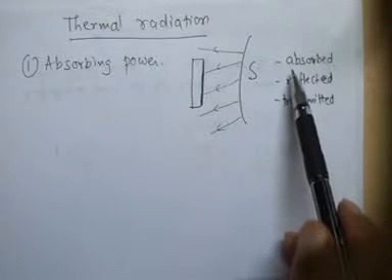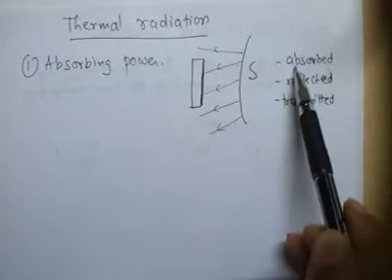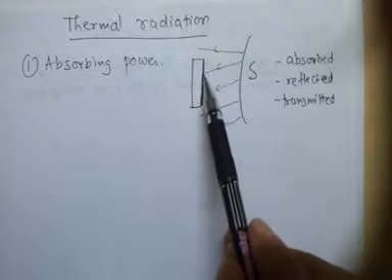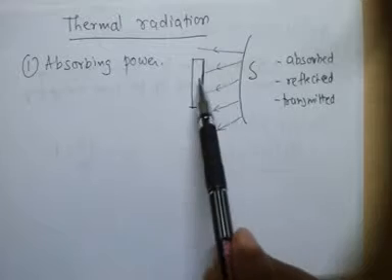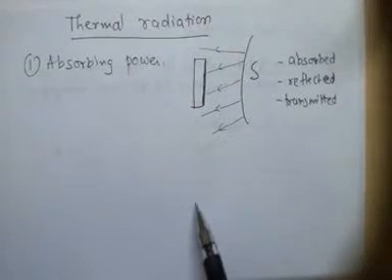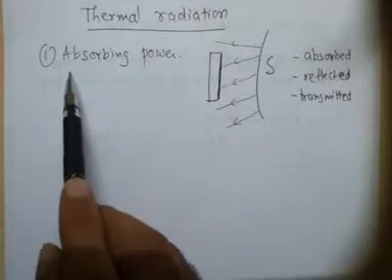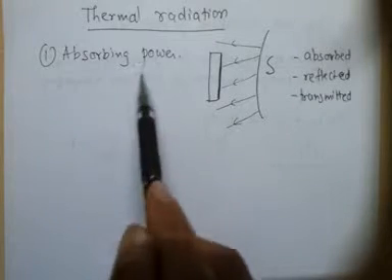I think this is quite logical and understandable. Energy which is incident on this surface, part of it will get absorbed, part of it will get reflected back, and part of it will get transmitted. And that's the basis for absorbing power.